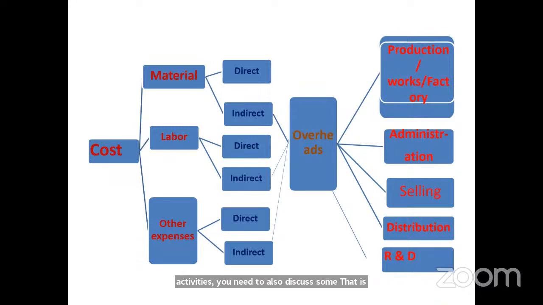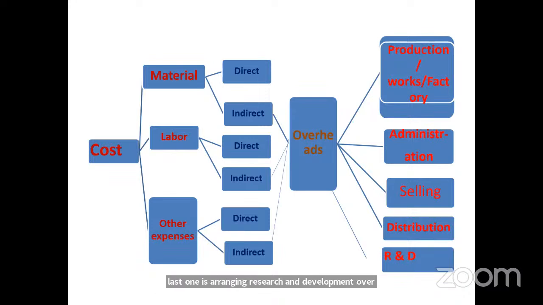In order to sell your product, we also need some indirect expenses. That is selling overhead. To distribute the product from one place to another, you need to select various channels and logistic requirements. These come under distribution overhead. And the last one is R&D, research and development overheads.